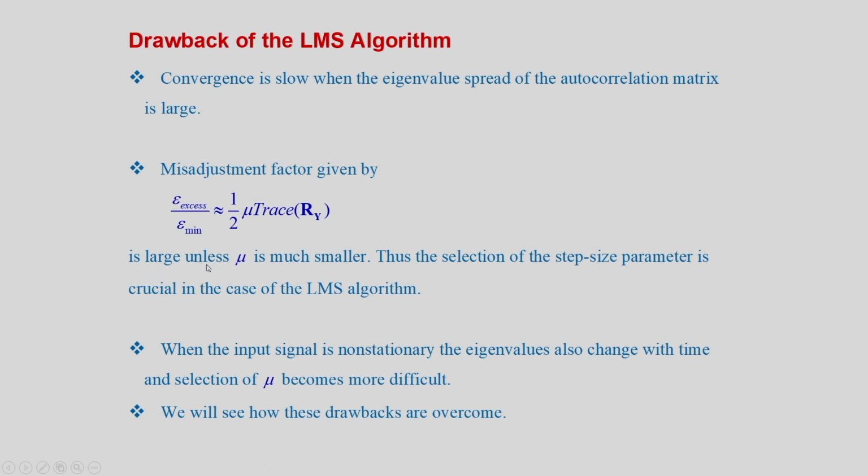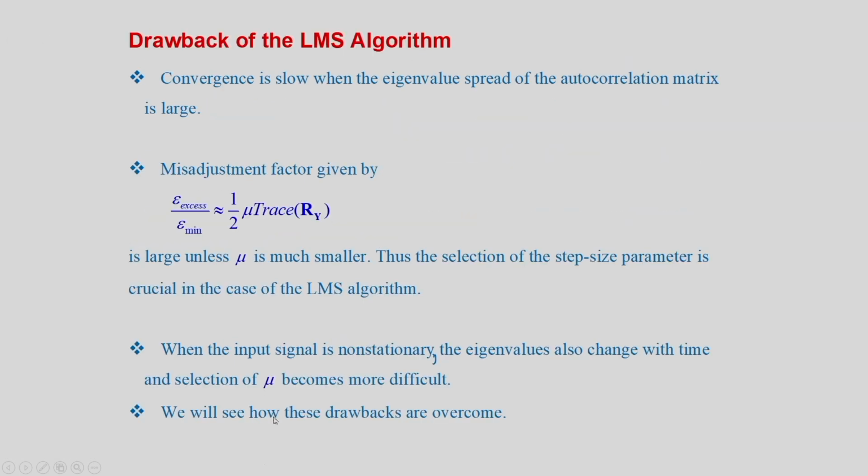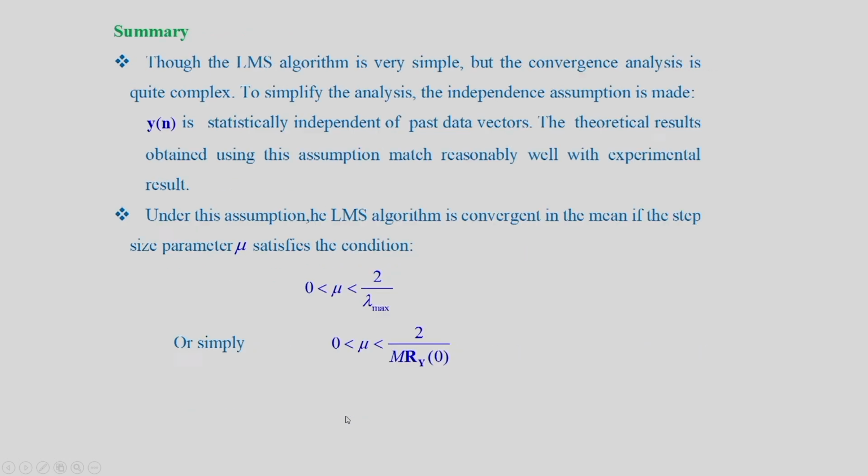This error will be large unless mu is much smaller. Thus, the selection of step size parameter is crucial in the case of the LMS algorithm. When the input signal is non-stationary, the eigenvalues also change with time and selection of mu becomes more difficult. We will see how these drawbacks are overcome in the next lecture.